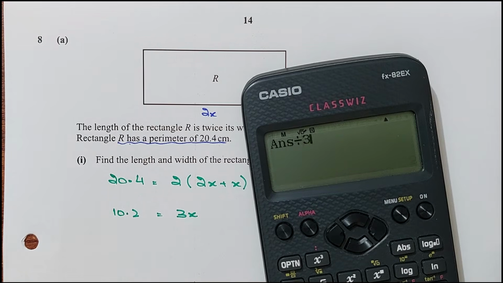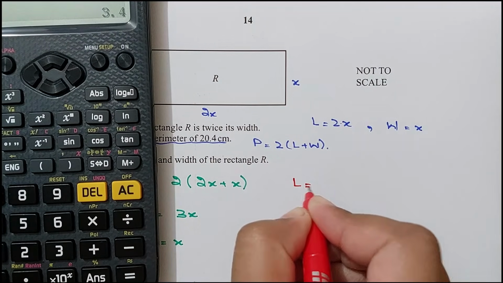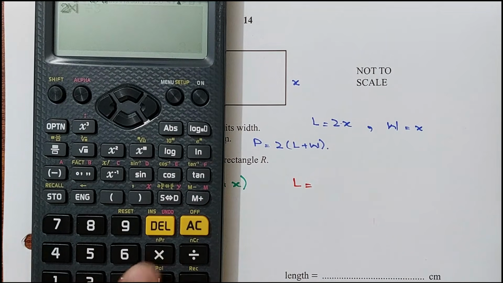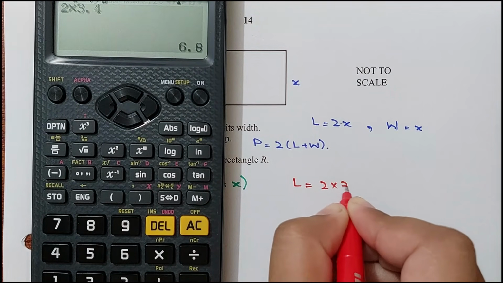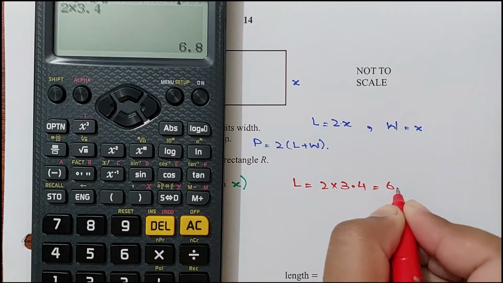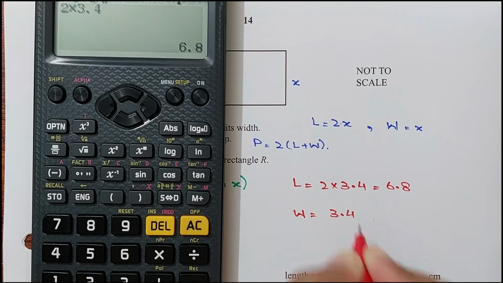Dividing by 3, x is 3.4. 3.4 is the x value, right? Now let me work on the length and the width. The length is 2 times 3.4, which equals 6.8, and the width is just 3.4, the x value. 6.8 and 3.4 centimeters.